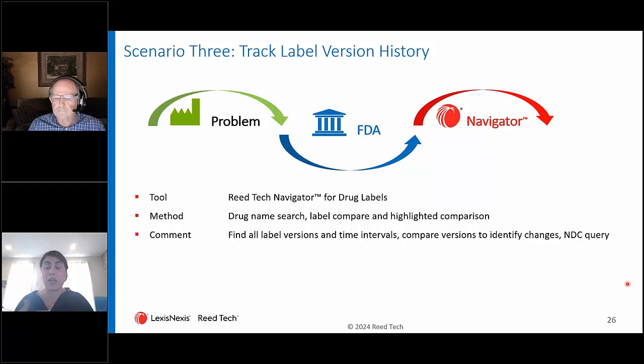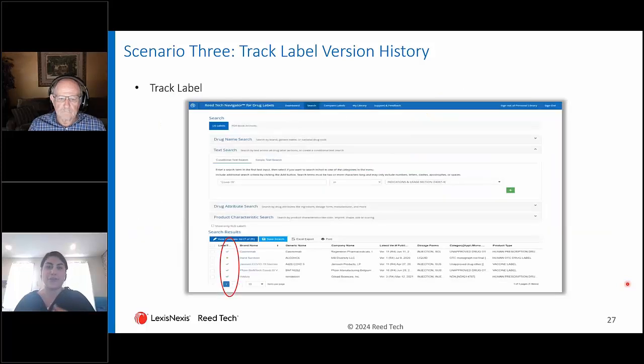So this is the difference between DailyMed's version history and what is going to be an option with Navigator. Once you save those searches, it will provide an email update notification to let you know, hey, this has had changes. With just a check mark, you're able to save all of your certain drug labels to your personal library where they live.